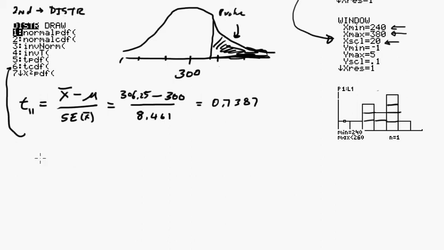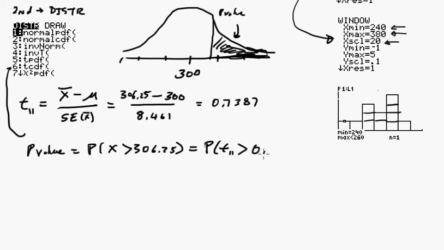The p-value is equal to the probability that x bar is greater than 306.25, which is equivalent to the probability that t is greater than 0.7387.